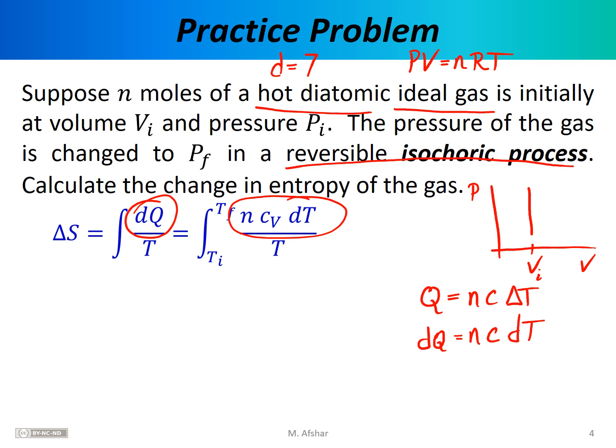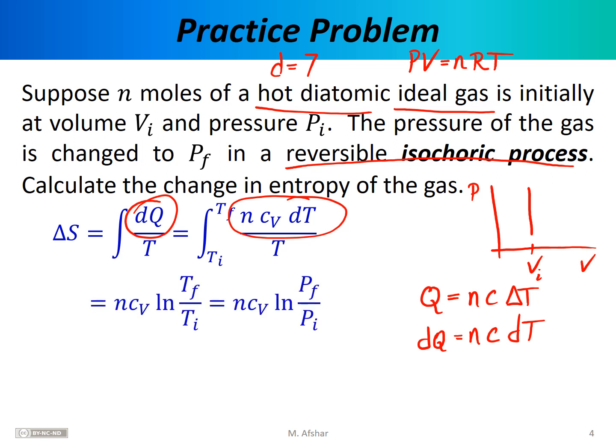Notice that you have to be a little careful because there are different kinds of specific heat capacity. We're using the isochoric specific heat capacity, or C sub V, in this process. Now we can evaluate the integral. n is a constant, we can bring it out of the integral. C_V is a constant, so we can bring it out of the integral.